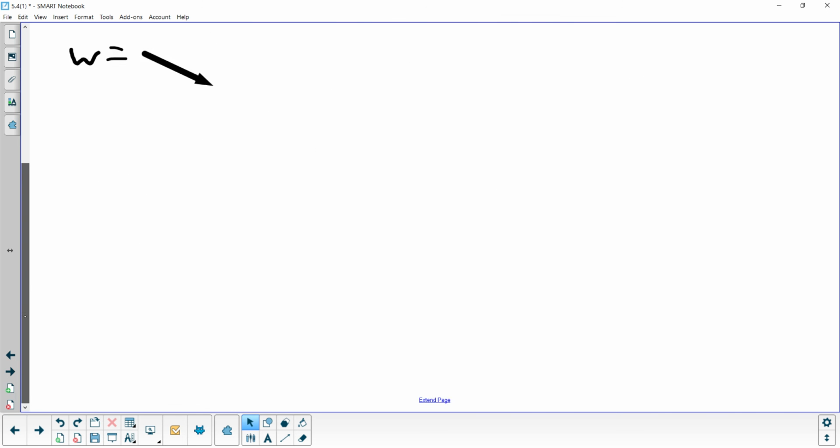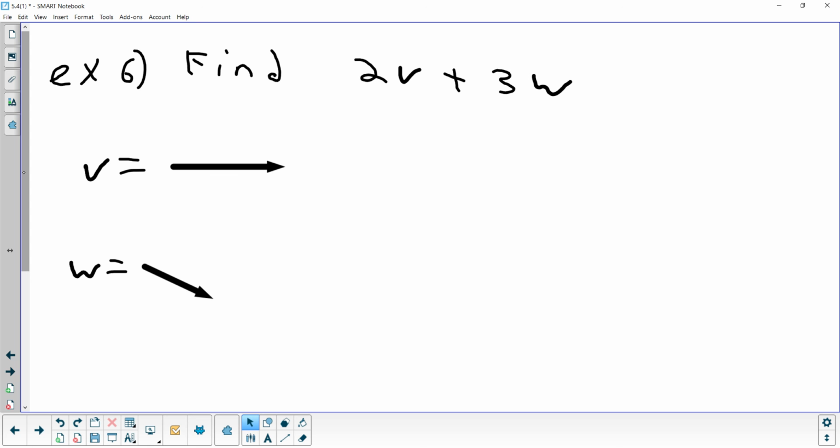All right, let's do this one, 2V plus 3W. So now it's combining the 2 things we did. We talked about addition earlier. We just talked about scaling. And now we're going to do both. So the first thing I need to find is 2V. All right, how would I find 2V?